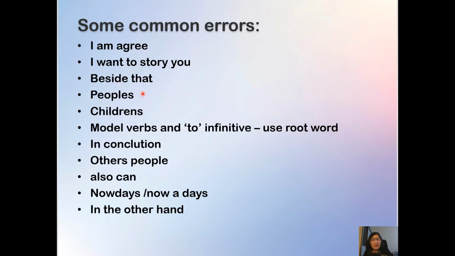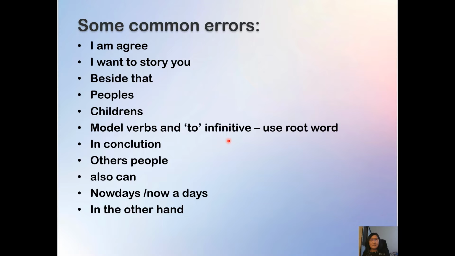For the next two words here, people and children are already in the plural form. So we don't need the S for people and for children. Another common mistake made by students is in the use of the modal verbs and the to infinitive.